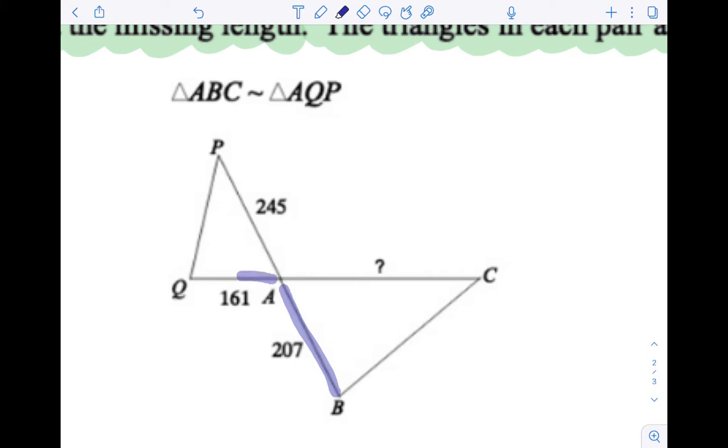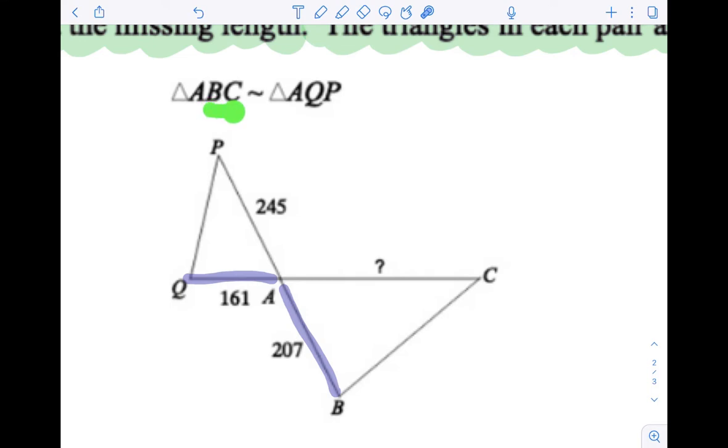Now, you wouldn't automatically see that. You wouldn't think to yourself, wait a minute, this left side is similar to this bottom of this triangle. You wouldn't think that. But if we follow the rules, indeed they are.